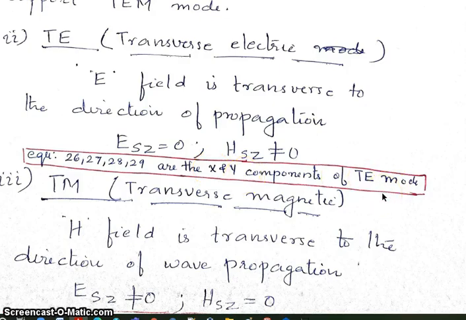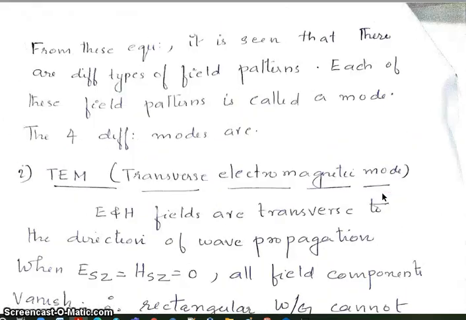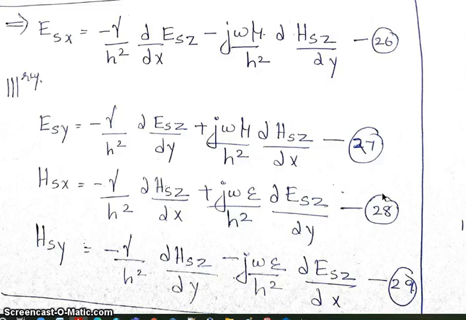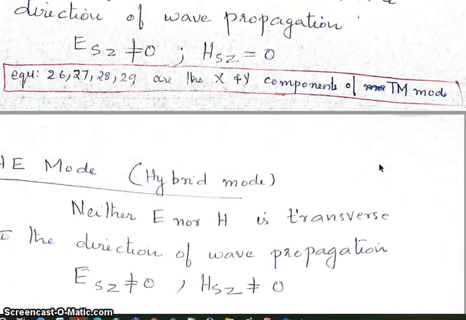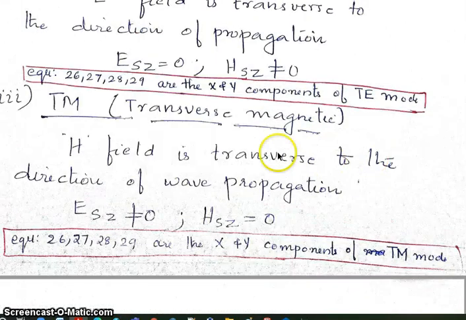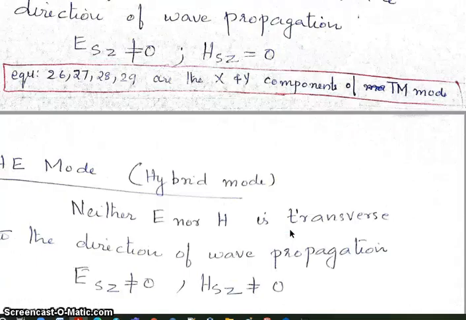So if you are asked to derive the X and Y components of TE mode, you can follow the same steps as we followed to derive equations 26 and 27 to find Esx and Esy. Similarly TM mode, transverse magnetic mode, where Hsz is equal to 0.